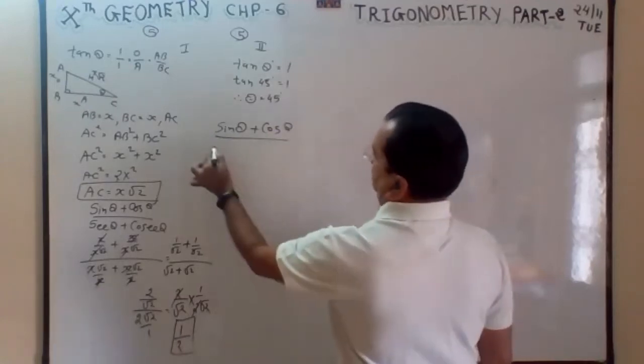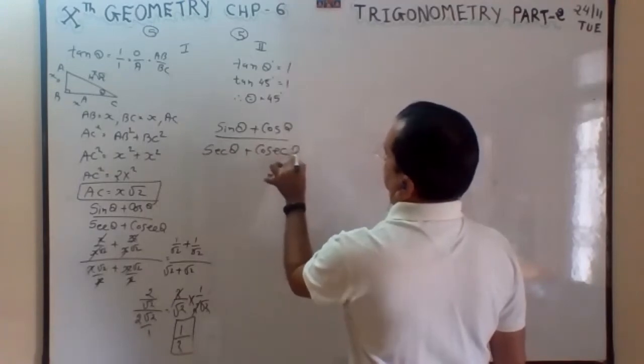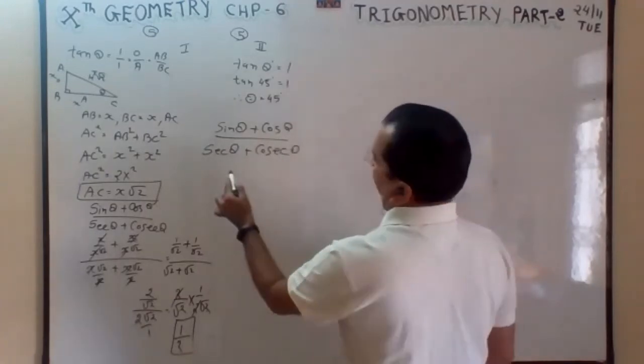Sin theta plus cos theta, sec theta plus cosec theta. Now, apply 45 for all theta.